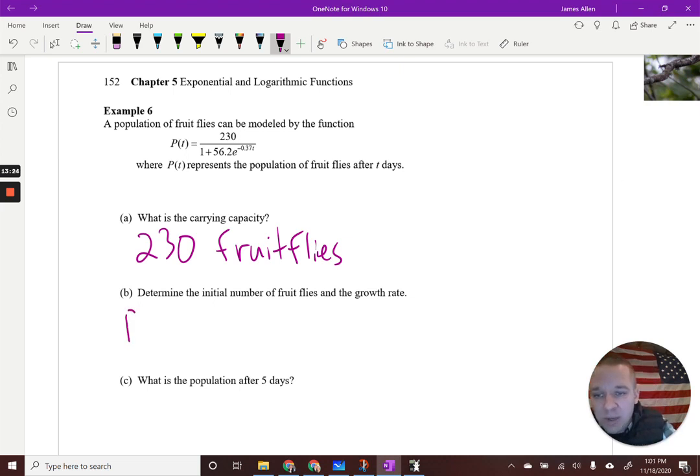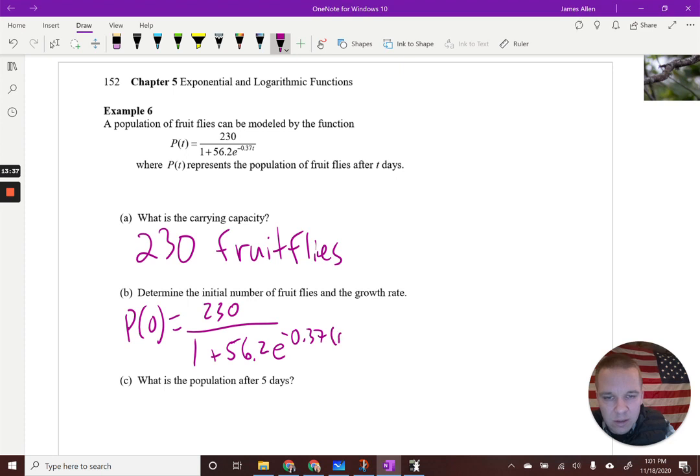So let's do that. P of 0 is equal to 230 divided by 1 plus 56.2 e to the negative 0.37 times 0, because I'm substituting in 0 for T. So anything to the 0 power, because this is going to be 0 up in the exponent here, anything to the 0 power is 1.